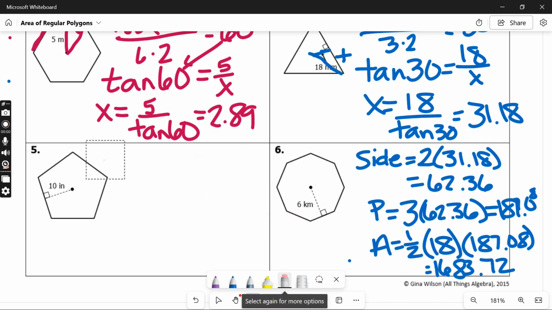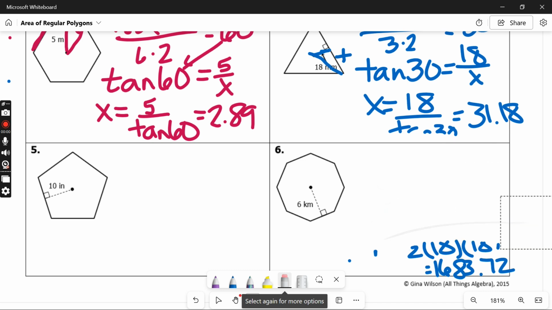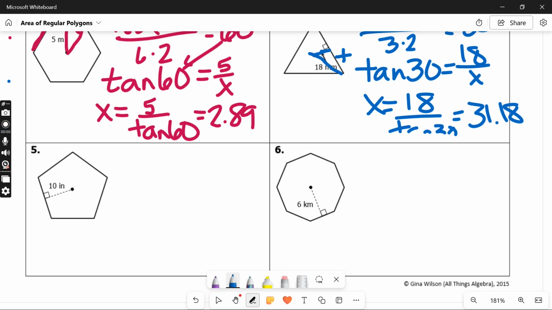Okay, so hopefully you've had a chance to do 5 and 6. On number 5, when you work number 5, you should have gotten that your side length was 14.54. Your perimeter was 72.7.